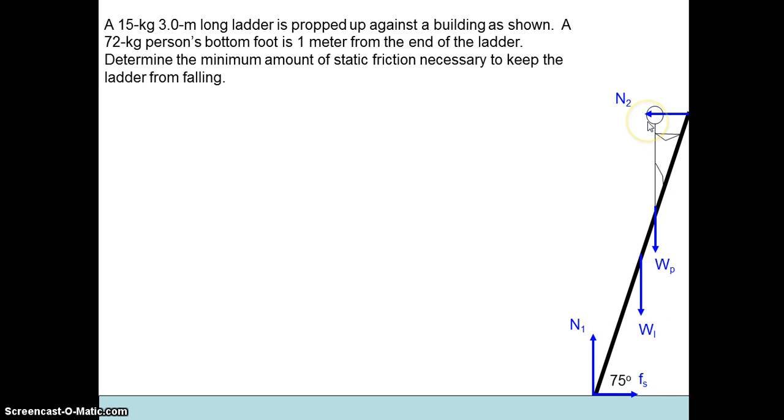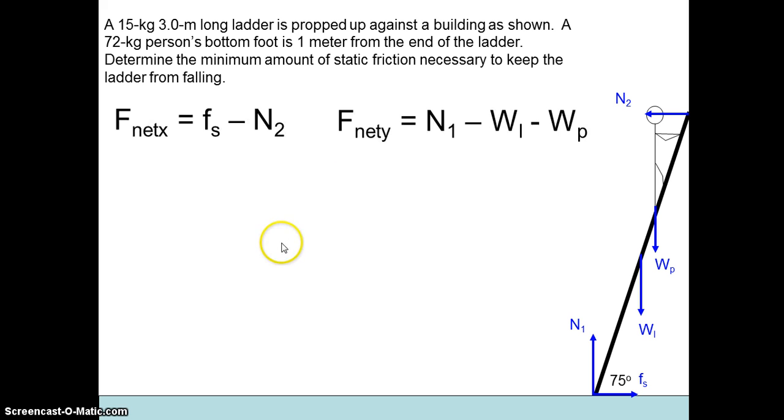So if I wrote my equations here, I would say that Fs, the static friction, must be equal to N2. It's not translating left or right. Further, I would say that N1 must be equal to WL plus WP. It's not translating up or down. I'm writing Fnet equals Fs minus N2. In other words, this minus this gives me the net force in the x direction, which is 0.